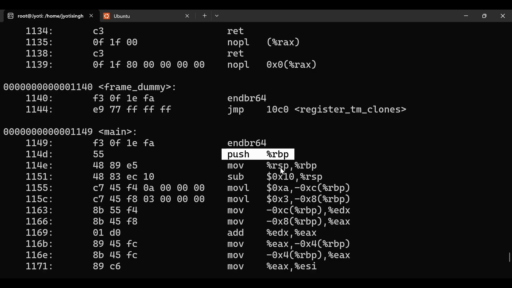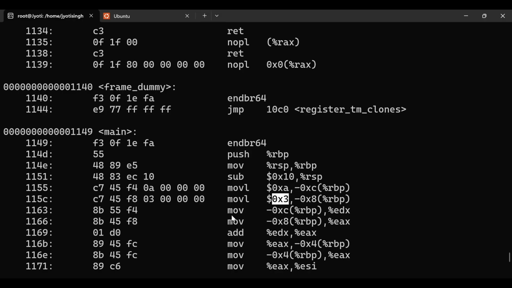Then copy the stack pointer into the base pointer. This is to allocate memory in the stack. Now we have three variables. We allocate 10, that is our value a, so we are storing this at a particular location. Then at an offset from the base pointer RBP, we have stored one more value, that is 3.